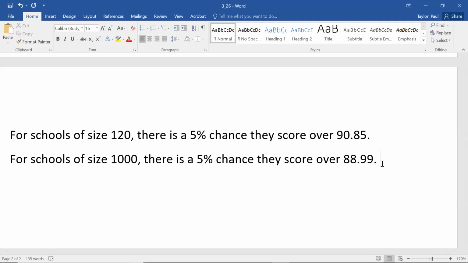Looking at these numbers we just had, all other things being equal, and only the size of the school being different, you have a much better chance of scoring really high if your school is small. Basically you just have to get lucky and have a few strong students and a few less weak students, and you get a score that's completely unattainable for the big school.